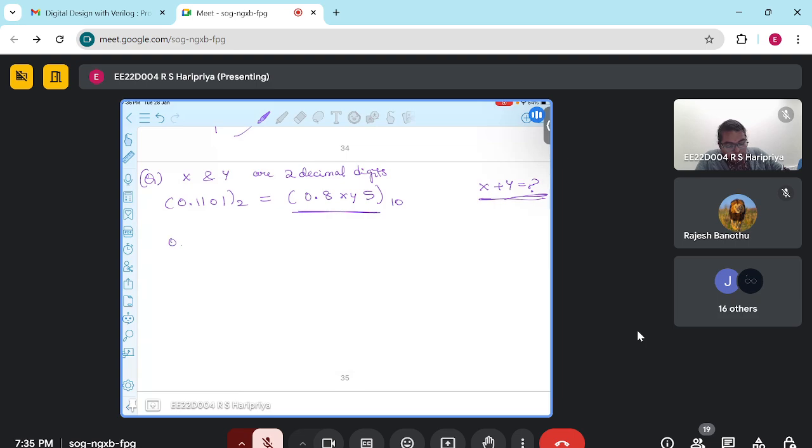How will we convert this 0.1101 into decimal?